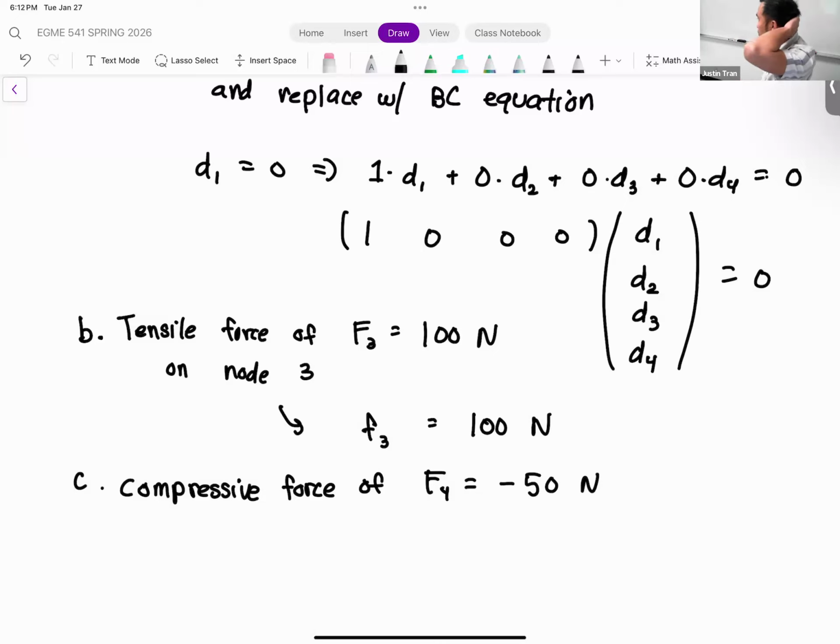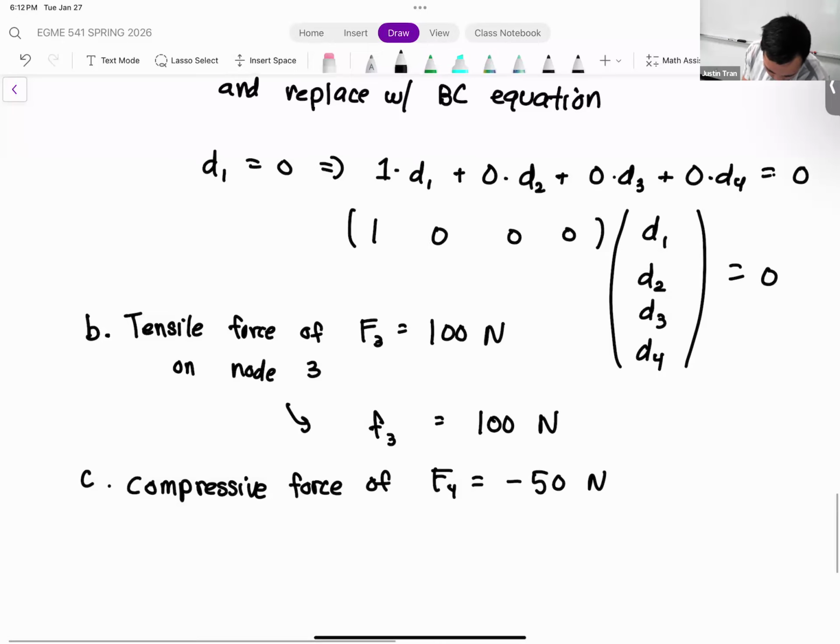So we're going to have F4 is equal to minus 50 newtons. We know that F4 here is going to be on node 4, and so we're going to set F4 equal to minus 50 newtons in our linear system.